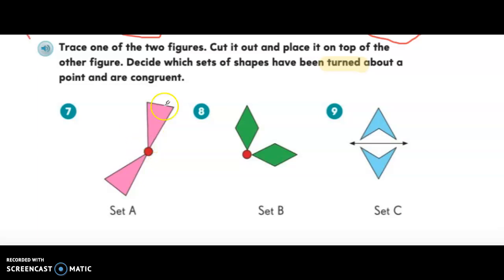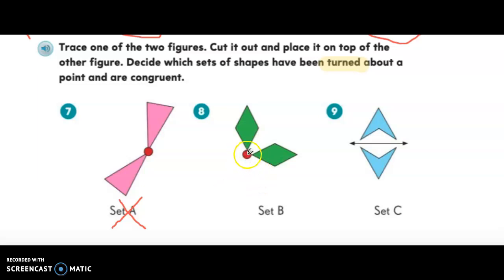So yes, this shape is congruent because it is the same size and same shape, but technically if we turn this around either way, it would not line up exactly. So this one has a flip and a turn. So this is not what we're looking for yet. So this is not going to be considered a turn.